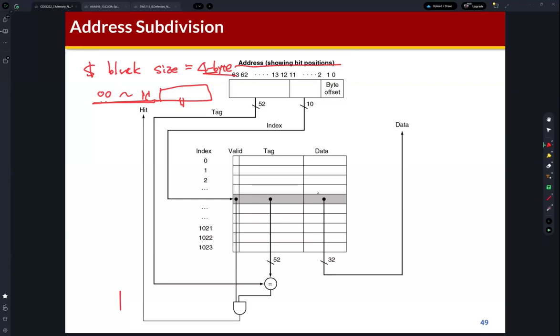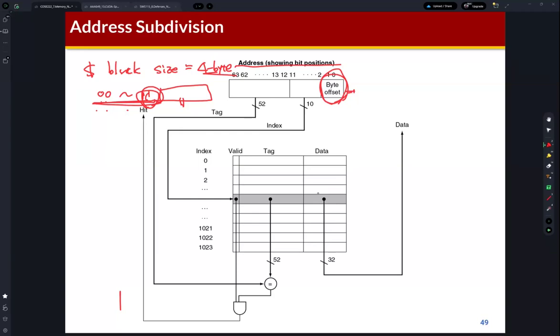And then cache block size is usually large, right? So in this example, a single cache block size is 4 bytes. So which means a single cache block includes the address range 00, 01, 10, 11, right? So the lower 2 bits of the address are used as the byte offset. So it represents the byte data in a cache block.